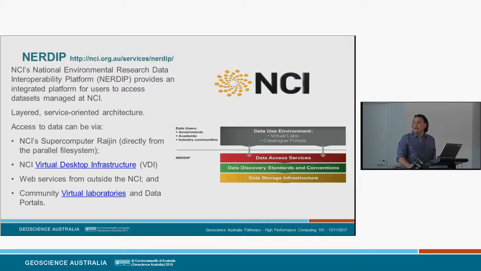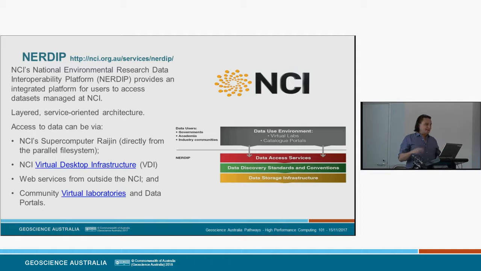So I'll mention the National Environmental Research Data Interoperability Platform, a bit of a mouthful there. The key thing about that is it's a layered architecture. You can see the simplified layer diagram there. The data storage infrastructure would be the parallel file system at the NCI.